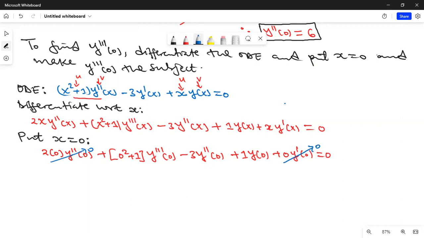So now we have 1 times y third prime of 0, that's this term, minus 3. What was y double prime of 0? We got 6. That's this term. The other one is plus 1 times y of 0, which was negative 1.